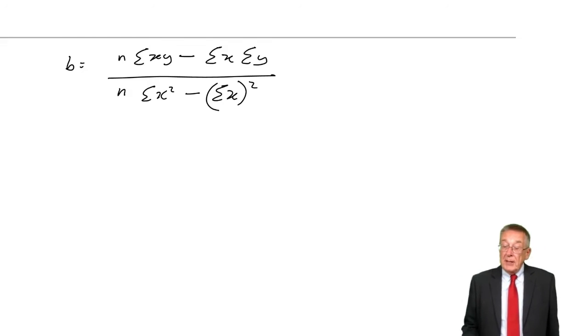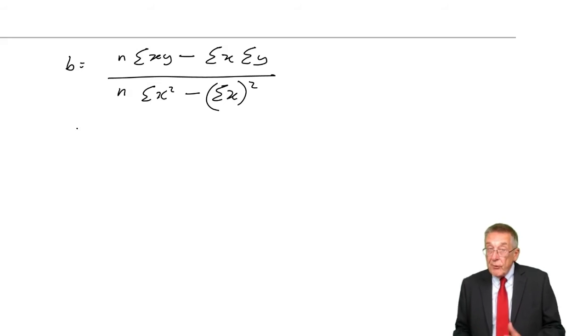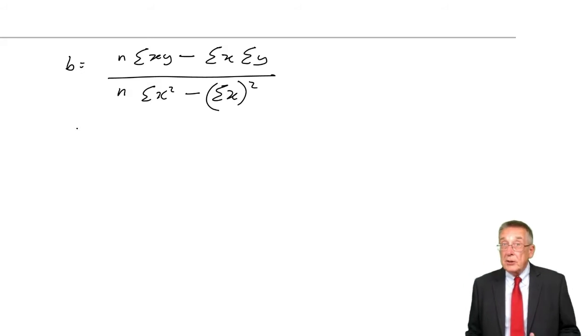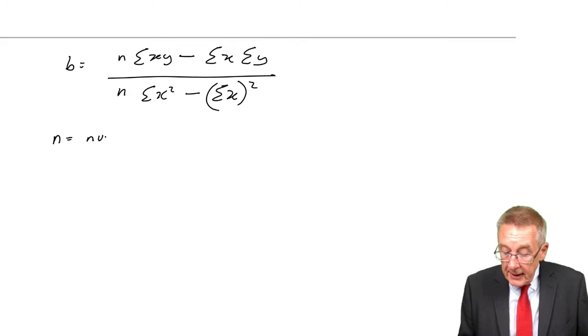Now what the symbols mean, and this, remember, although you're given a formula, you're not told what the symbols mean. N is the number of sets of observations.